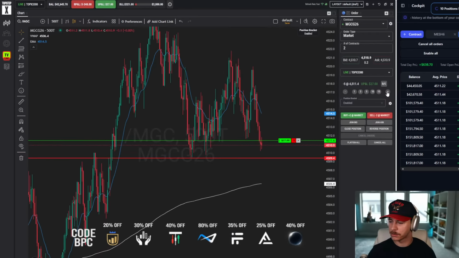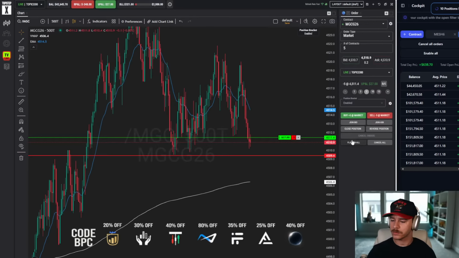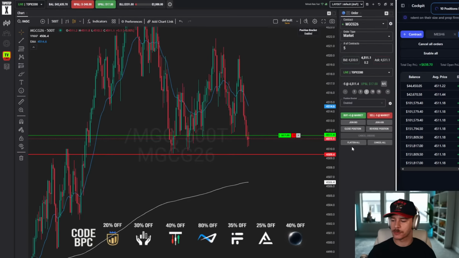Added some more. Needs to go now. Got to break 10s here. Break 10s, we're looking for like 507, 506. Take the low out.